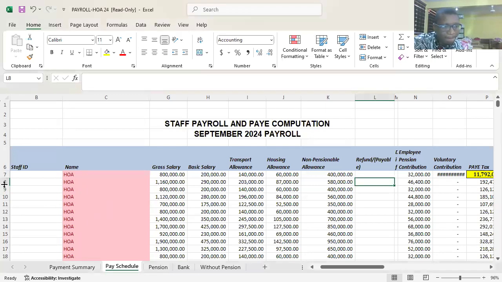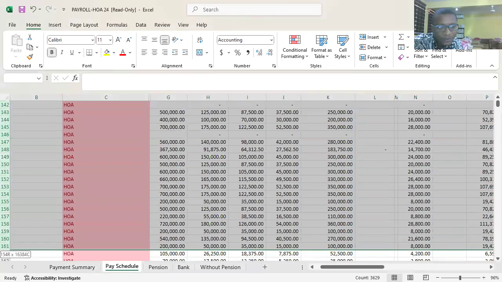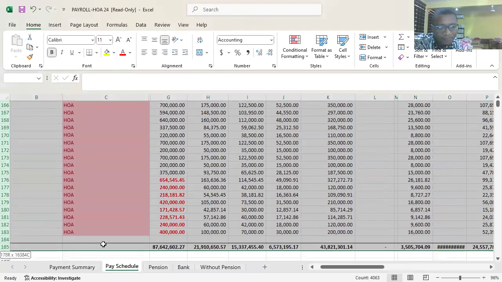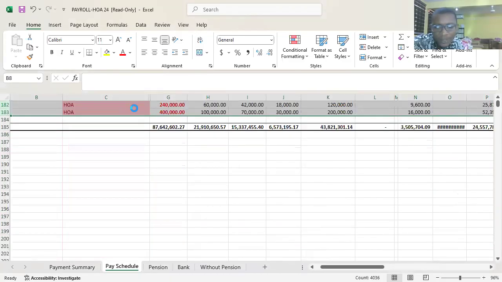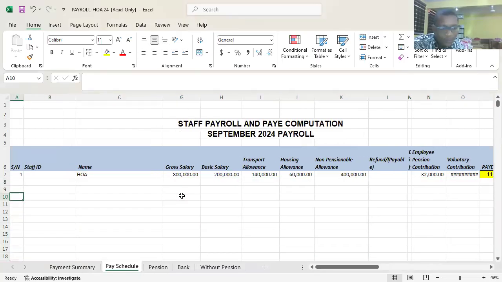Because we have worked on this schedule before, I'm going to delete everything from beginning to the end. I will delete all that. I want to leave only the first one that we have done, to make our work easier.